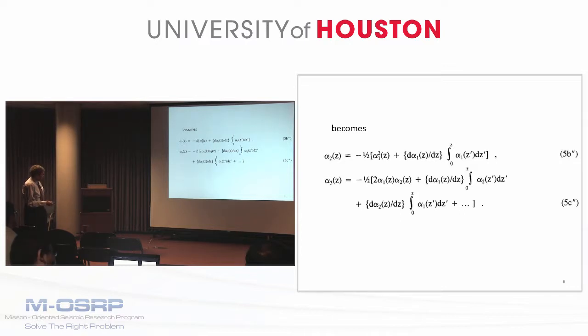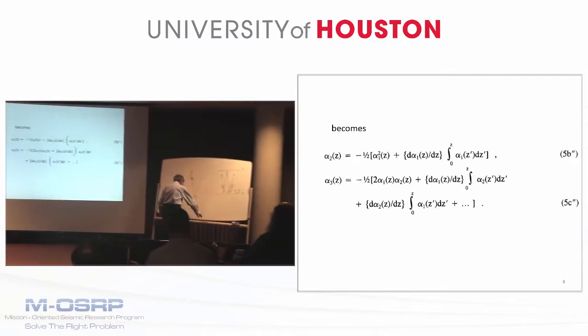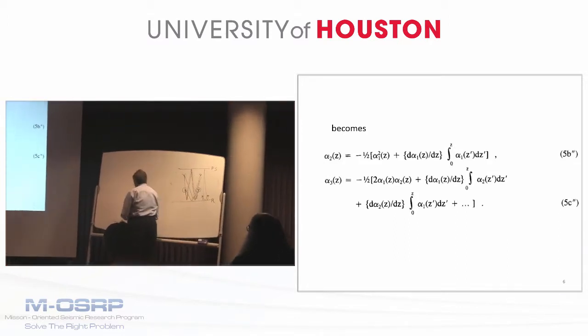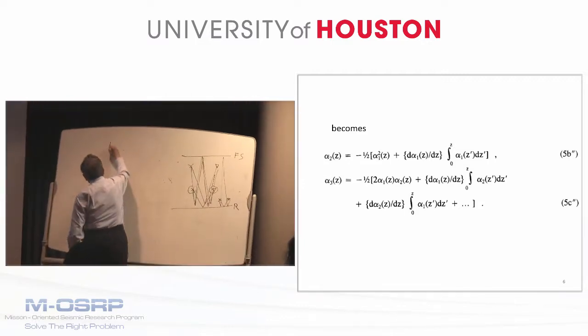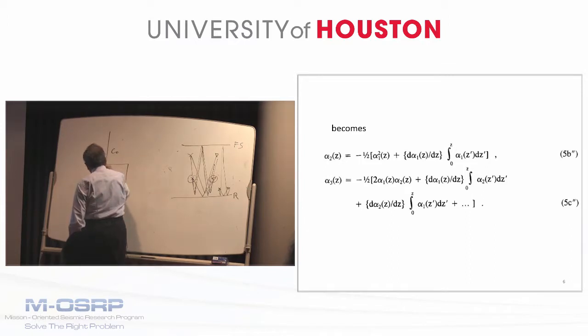If you have just a single reflector, in other words, if your model consisted of just the following, C0 and then C1, okay?